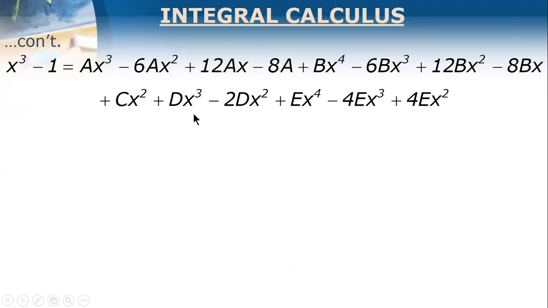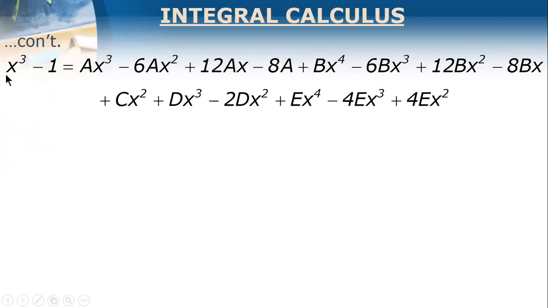So, the next step is let's compare coefficients of similar terms, left or right. Okay? And take note that the highest power of x sa right side is 4. So we will start with x raised to 4. So coefficients sa x raised to 4 sa left side must be equal to the coefficients of x raised to 4 sa right side.